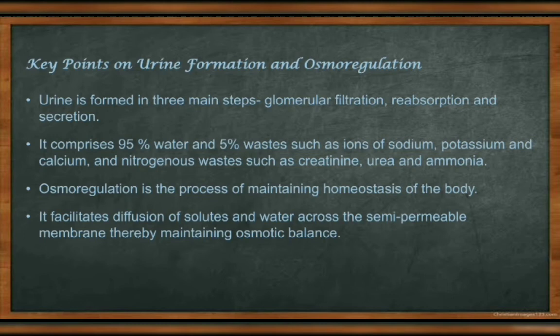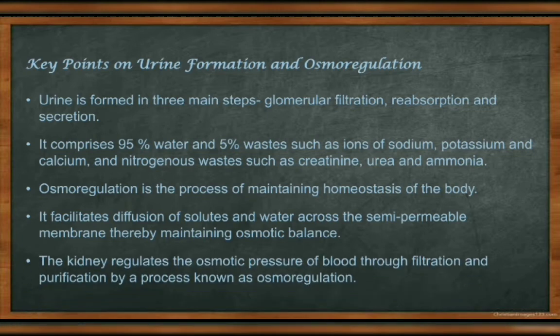So here, due to osmotic pressure or osmotic balance, the components are transferred from glomerulus to the Bowman's capsule, and later proceed to the PCT, loop of Henle, and DCT. In the kidney, regulating the osmotic pressure of blood through the filtrate and purifying it is called osmoregulation. If you want to write this one, you can also write it down.